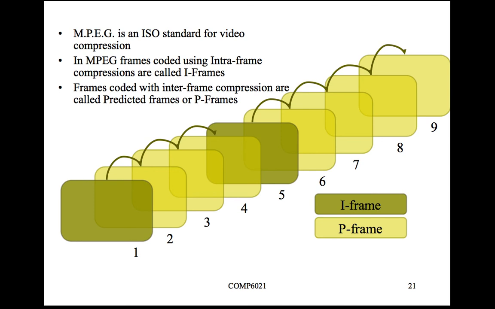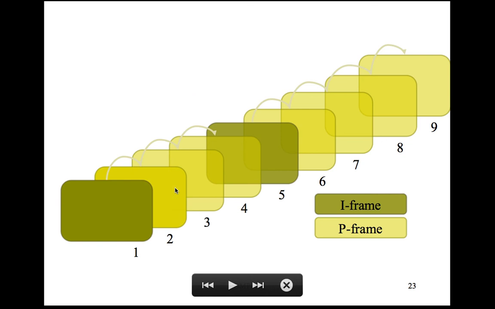Now, P-frames then are different. P-frames are predicted frames, they're called. And a P-frame is made by reusing parts of a previous frame. So this frame 2 here is made by using parts of frame 1.